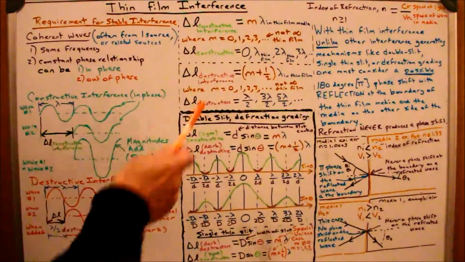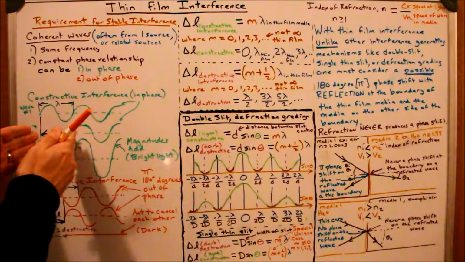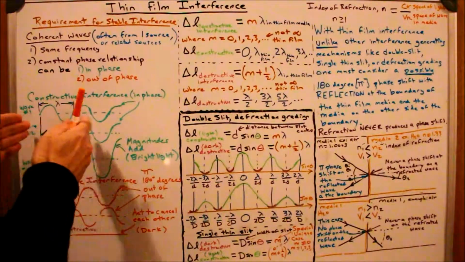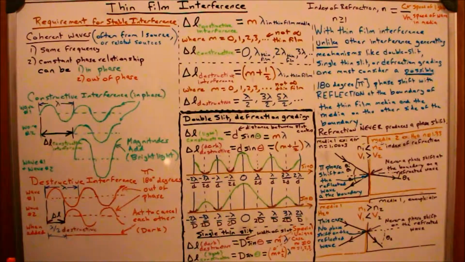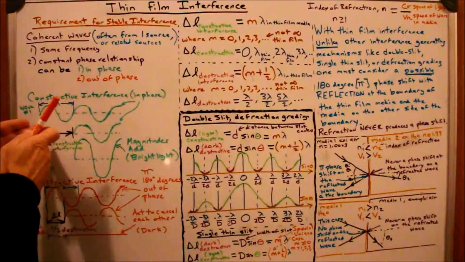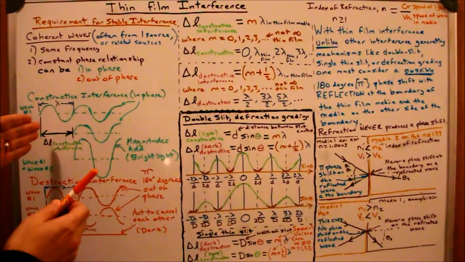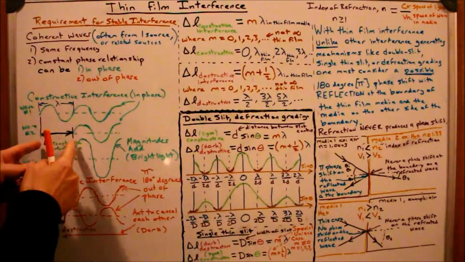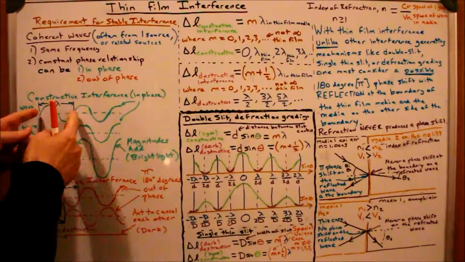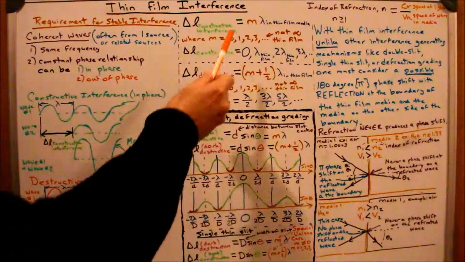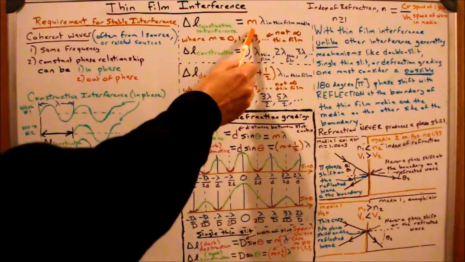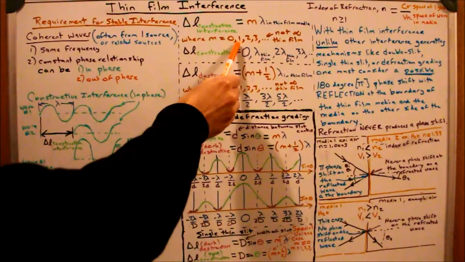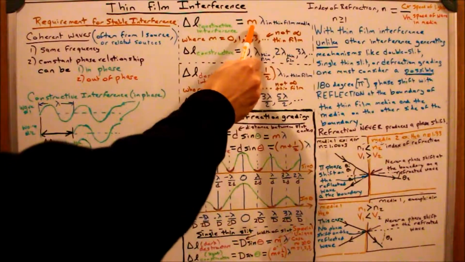Now for thin films, this delta length difference being a full wavelength gives you constructive interference, and that shows up in thin film interference. If my delta L, the extra length that one wave has to travel relative to another wave, is an integer number of wavelengths, then I will have constructive interference. So delta L could be no shift at all, or 1, 2, 3, etc. times the wavelength.